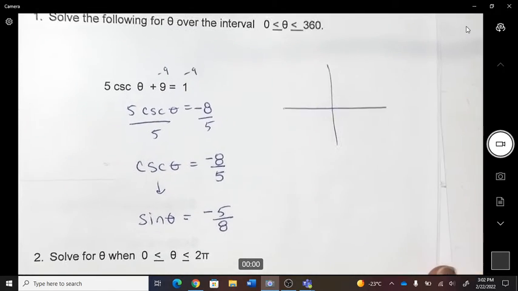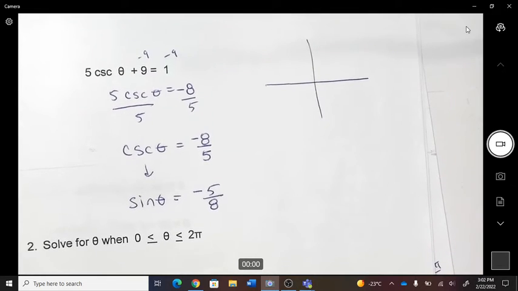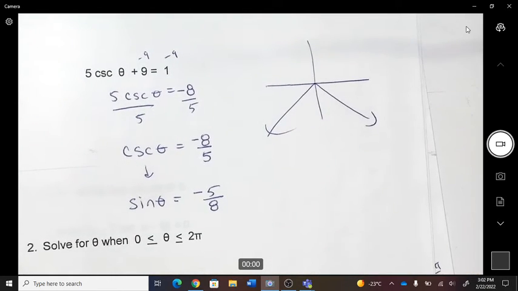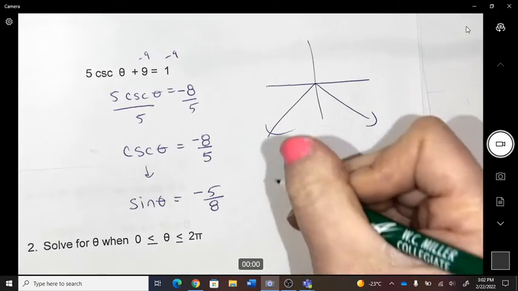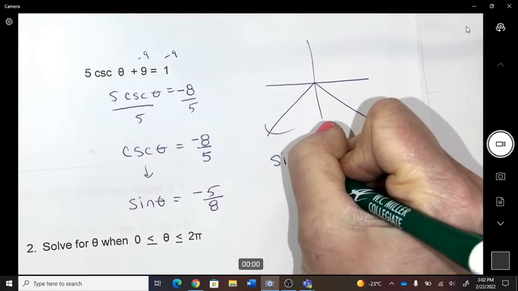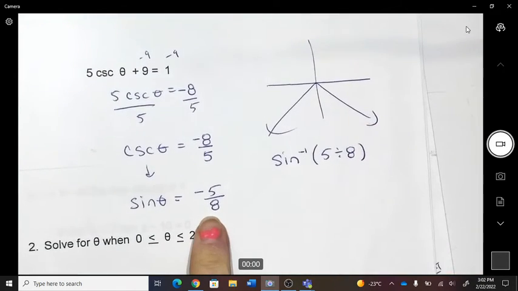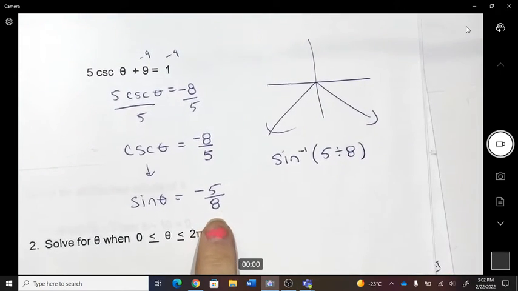Angle time. Where am I going to be? Which 2 quadrants? So the bottom 2 is where sine is negative. Okay, so now we're going to figure out an angle by doing an inverse. Well, first of all, this isn't on the unit circle, right?